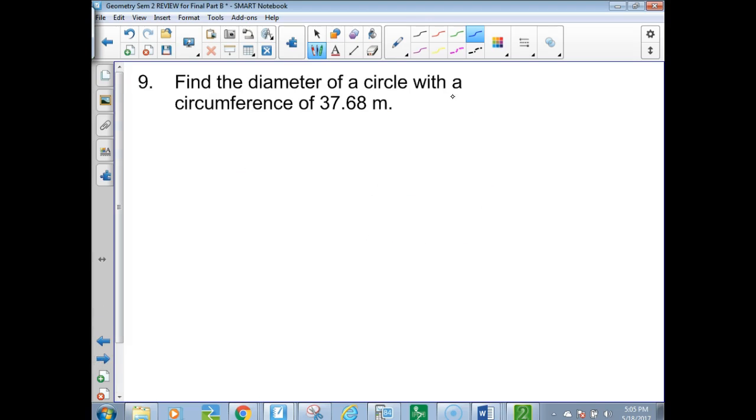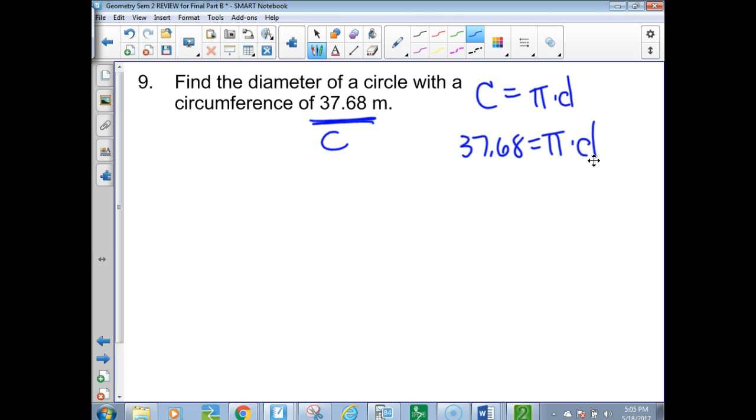Number 9, find the diameter of a circle. Now, since I want to find the diameter, I'm going to use the pi times the diameter formula. They gave me the circumference C to be 37.68, so I'm substituting that into the formula. We would need to get D alone, so we divide by pi.